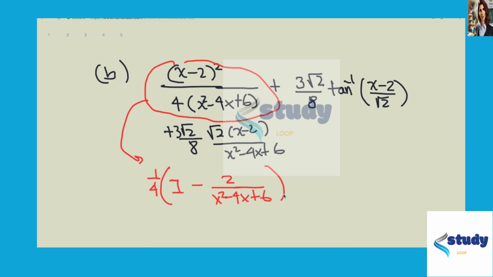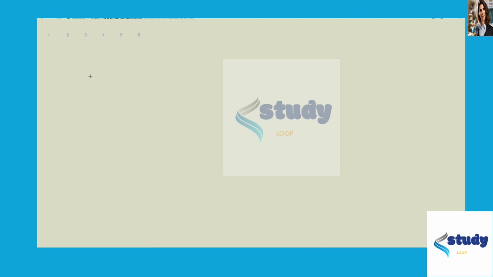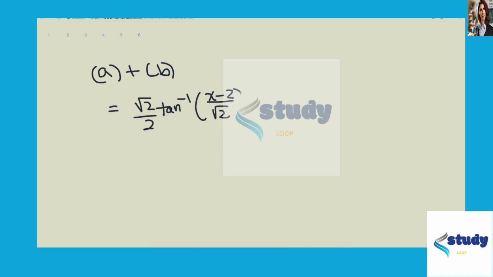we could write that. So the last step here is to just take our answers for part A, part B, and add them together. So I'll write that here, and this will be the last step. So for A, we had √2/2 tan inverse. That was our theta. So that's just for part A there. And now for part B, that first term we could have simplified if using long division.